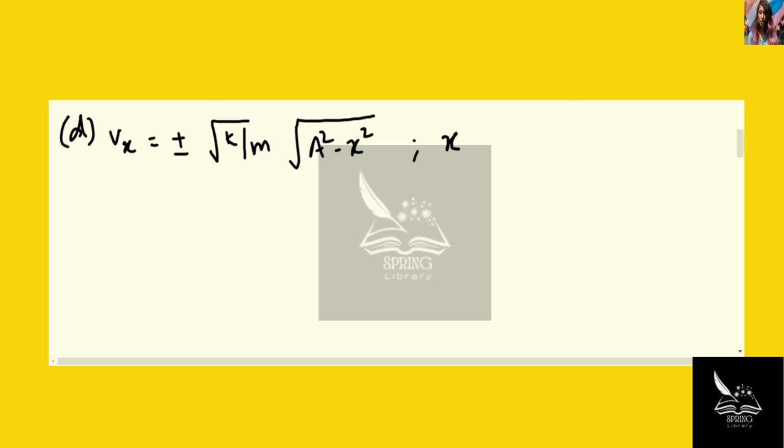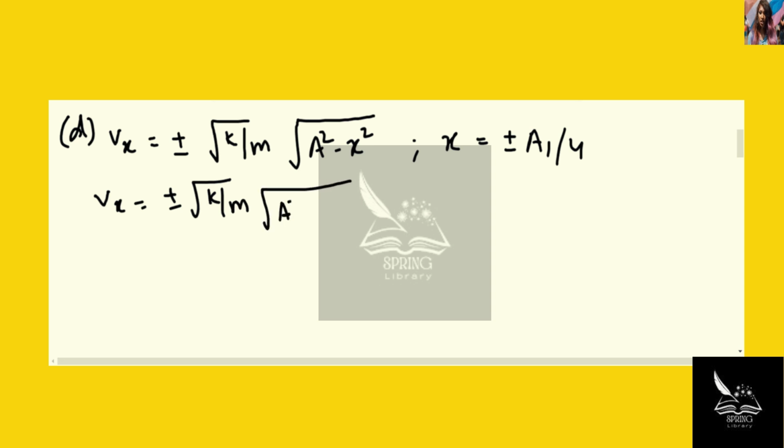Now x is given as plus or minus A1 upon 4. So Vx becomes plus or minus root of k upon m into root of A squared minus A1 squared by 16.